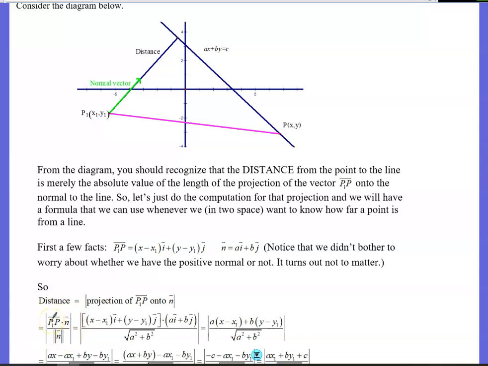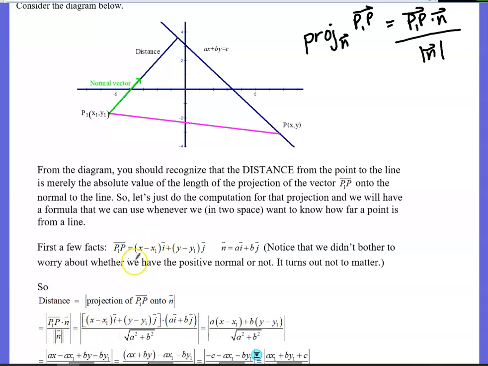I'm going to write this off to the side. We're projecting P1P onto the normal. So it's that order. So remember, that is the dot product of those two vectors over the magnitude of the one you're projecting onto, its magnitude. Okay. All right, so let's break that down.